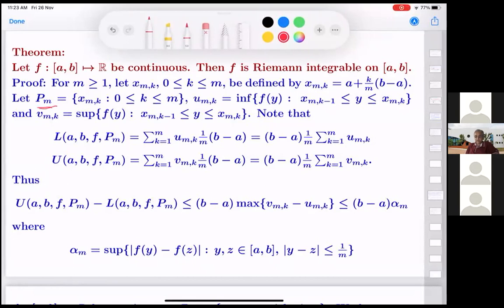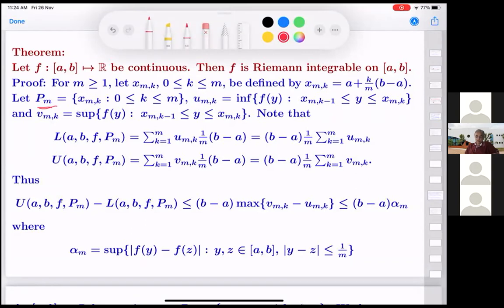The interval AB I have divided into m many subintervals, and then I listed the points as xmk, k between 0 and m. And let me write umk to be the infimum in the kth interval and vmk to be the supremum in the kth interval. So the kth interval is xm,k minus 1 to xmk. That is my kth interval. Okay. K from 1 to m, so to speak.